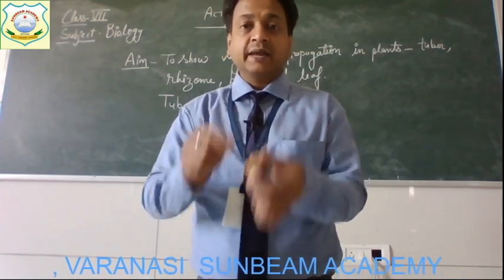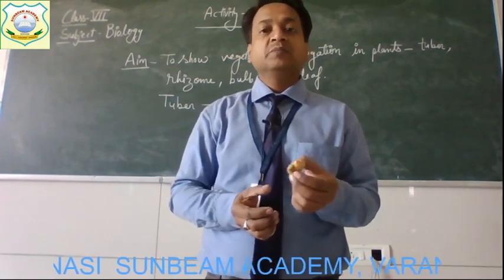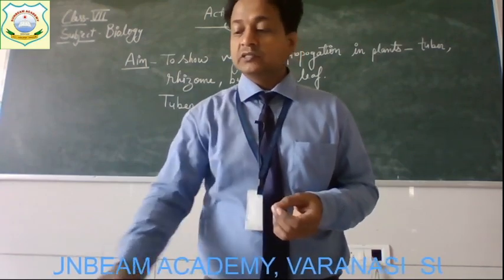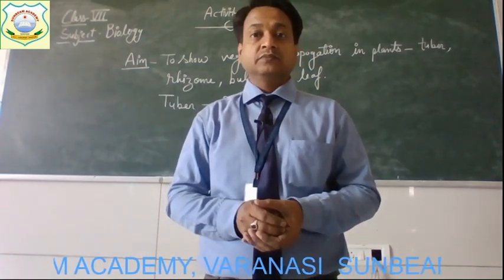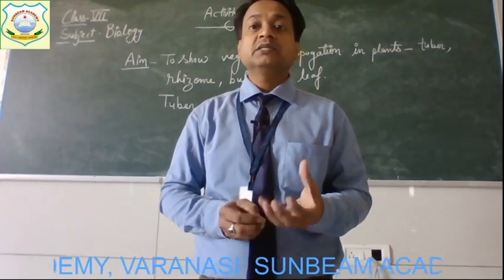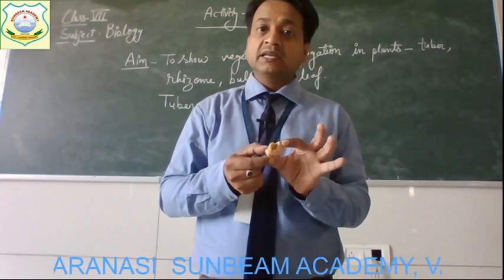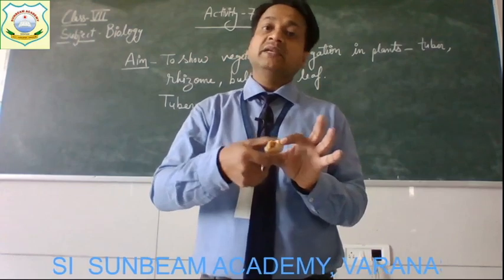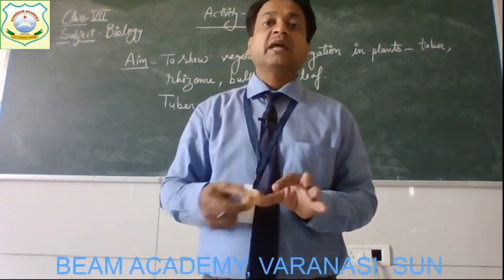When kept in soil, new plants are produced from these buds. This structure is not similar to the potato, so we will not use the term tuber, because a tuber is a solid structure. This is another kind, with a number of branches having buds on them, so we will use the term rhizome for it.